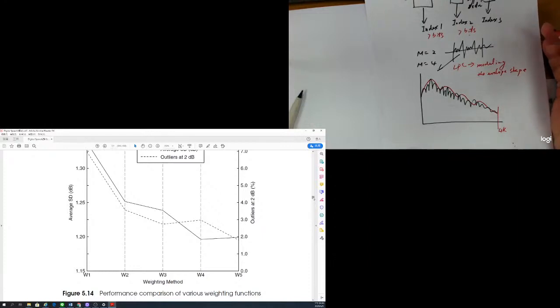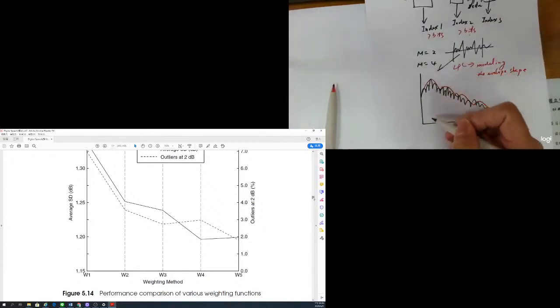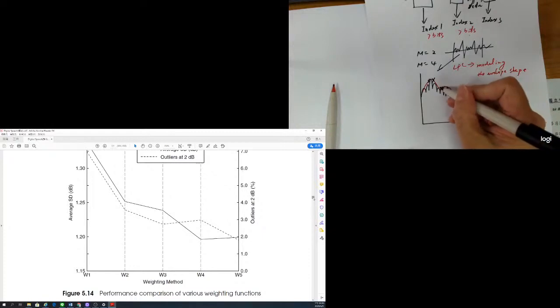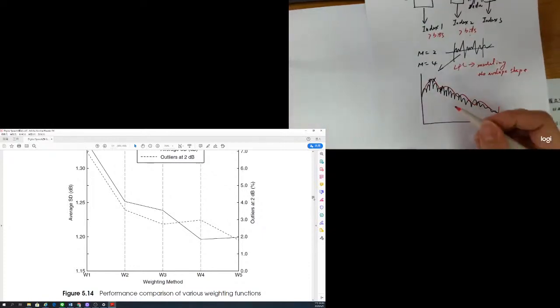According to your line spectrum frequency, we have a different weighting value. So if your line spectrum frequency comes out here, or here, maybe it's not clear.